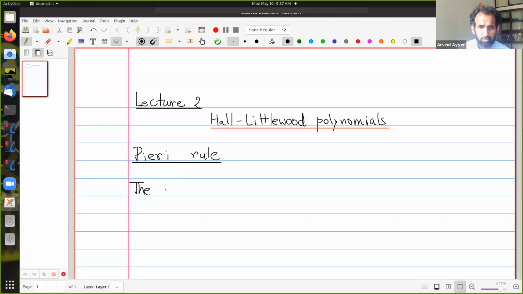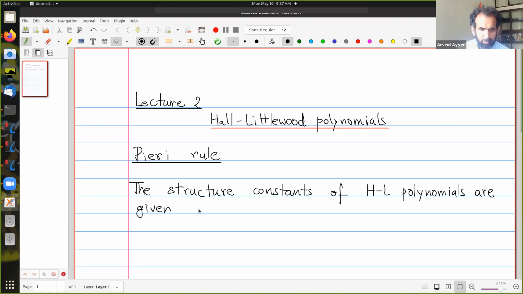The structure constants of the Hall-Littlewood polynomials are given by: if you multiply two of them, P mu (x;t) times P nu (x;t), you get a sum over lambda of f lambda mu nu of t times P lambda (x;t).